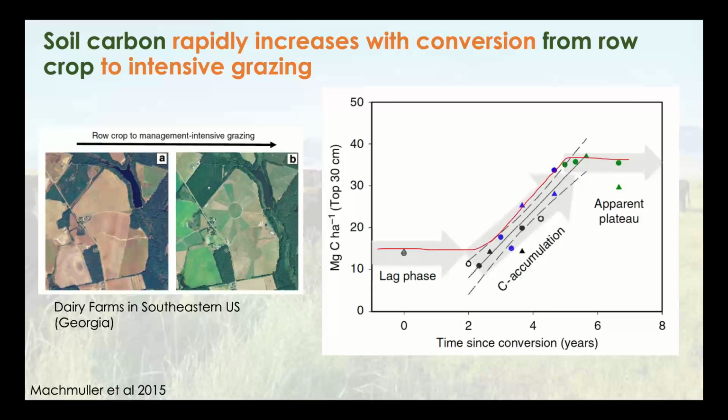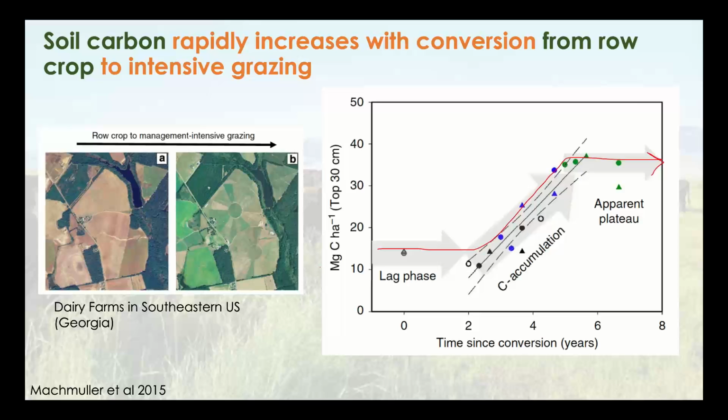And this right here was just taken from the top 30 centimeters of soil, and the differences deeper than that were less apparent. But these particular practices, not only the conversion itself from row crop agriculture to grasslands, but also the implementation of this rotational grazing practice, significantly enhanced the amount of carbon in the soils.